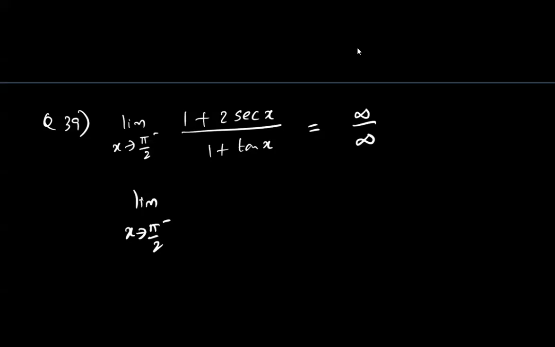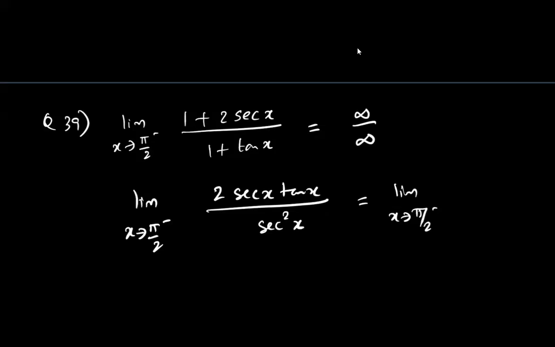Take the derivative. This will be 2 secant x tan x over secant squared x, which can be simplified to 2 tan x over secant x, right? Sine over cosine. So I can simplify this.